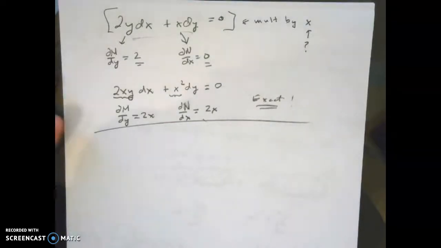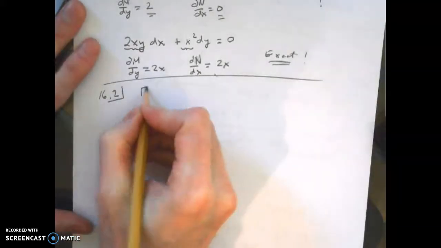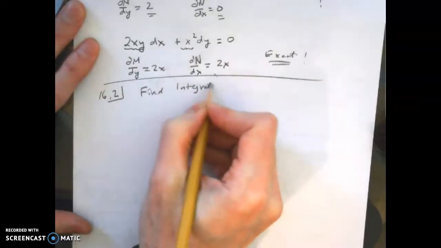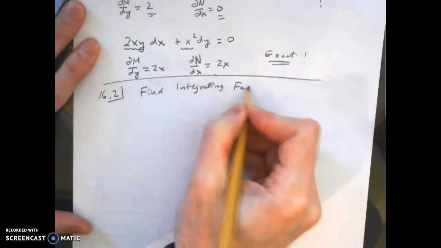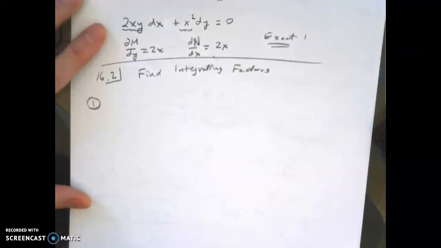But the hard part is finding that integrating factor. Okay, so there's a theorem, 16.2, to help you find integrating factors, if they exist. And what it says, there's two parts, because you look for one or two things to happen.